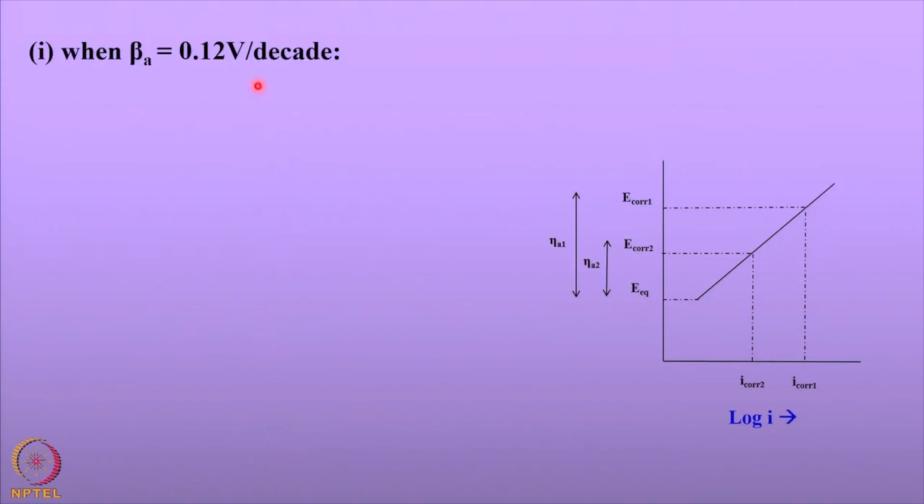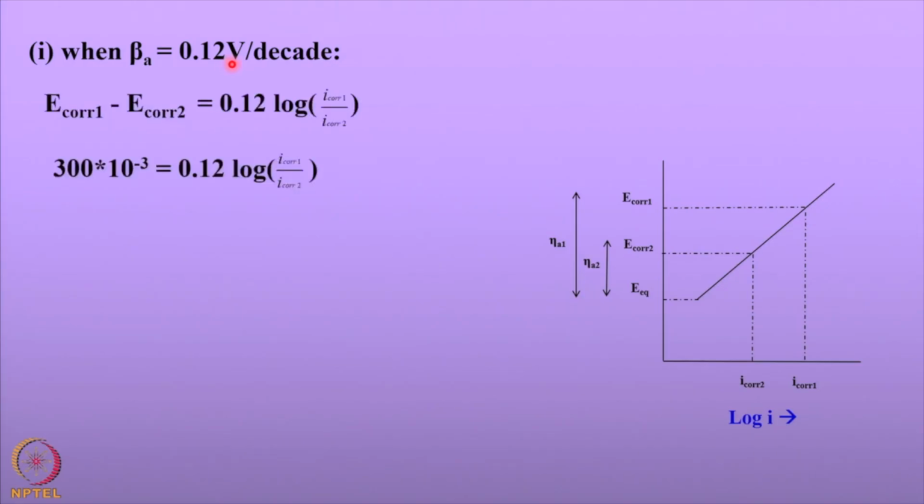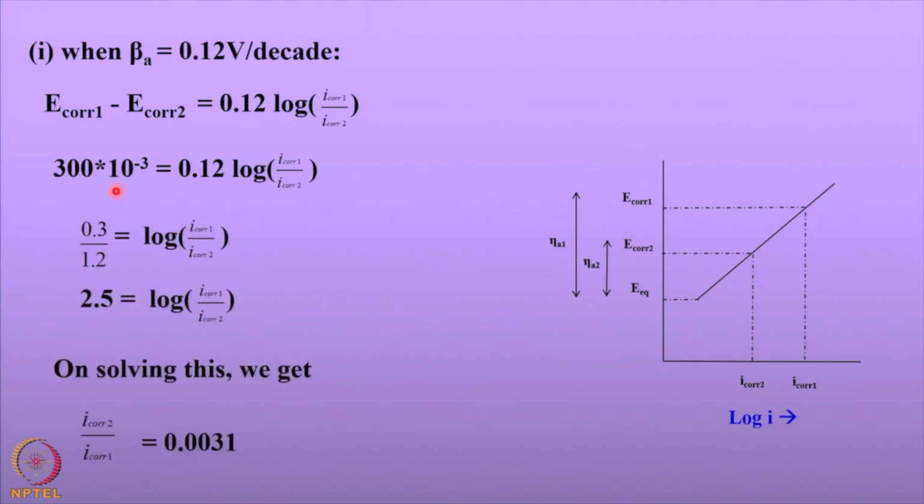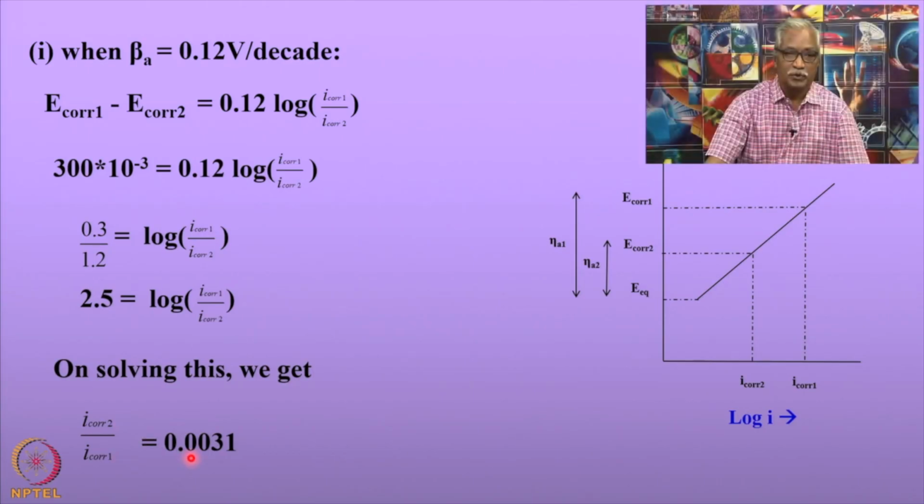Now, if you are considering a Tafel slope of 0.12 volt per decade, and the polarized potential is 300 millivolts, which is converted into volt here, and substituting these values in the equation and solving them, you will find that the ratio between ICAR 1 and ICAR 2 is 0.0031.